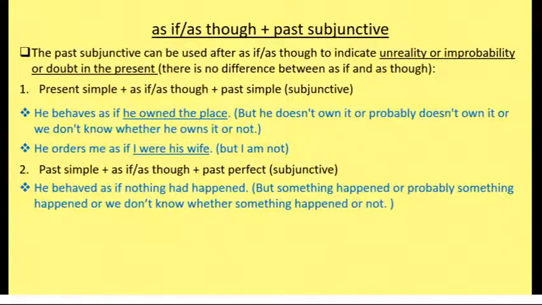This slide is about as if and as though. When we join two clauses together using as if or as though, the later clause will be in first subjunctive. My dear students, do you know about subjunctive?